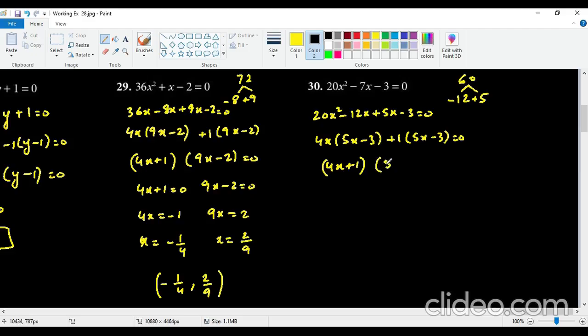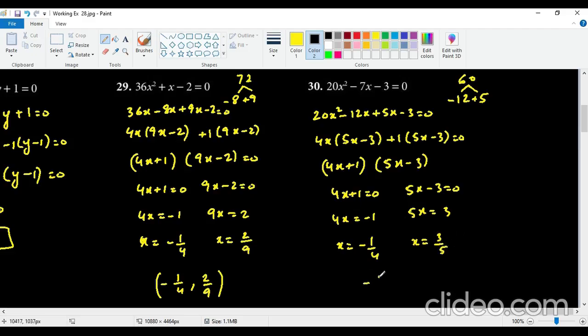So 4x plus 1 equals 0 and 5x minus 3 also equals 0. That means 4x is equal to negative 1 and 5x is equal to positive 3. That means x is equal to negative 1 over 4 and x is equal to 3 over 5. These are the two answers, minus 1 over 4 and 3 over 5. This is the last question of this exercise.